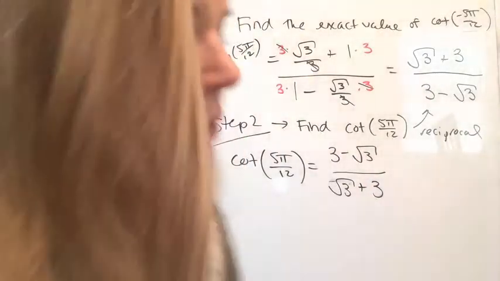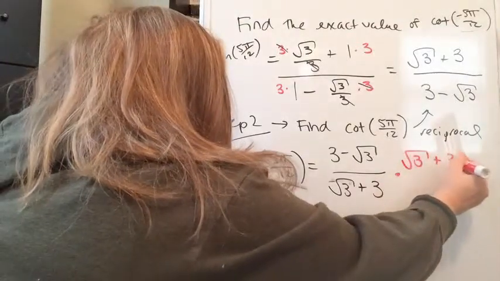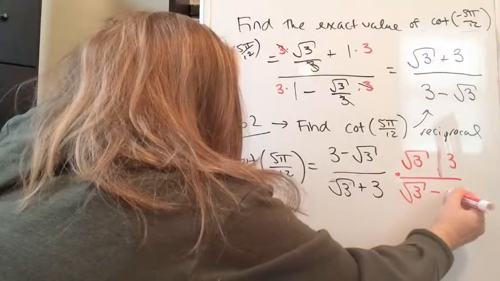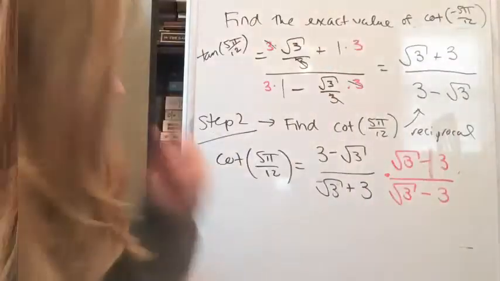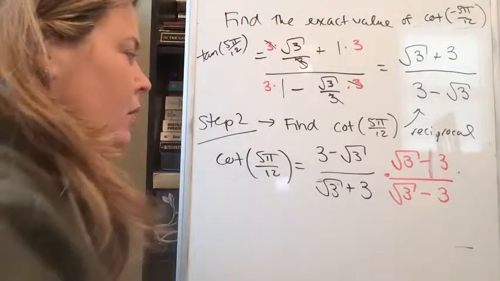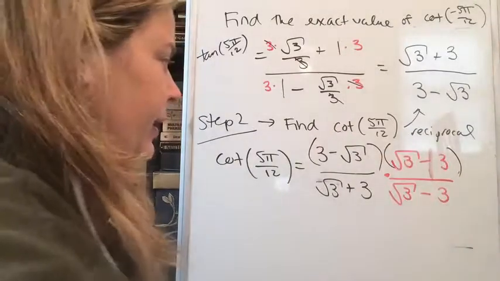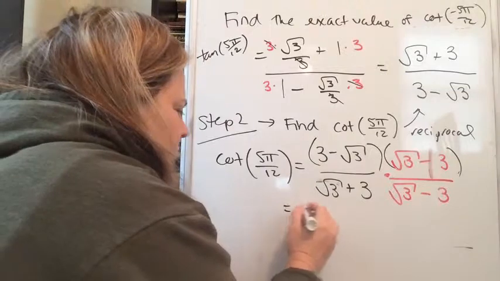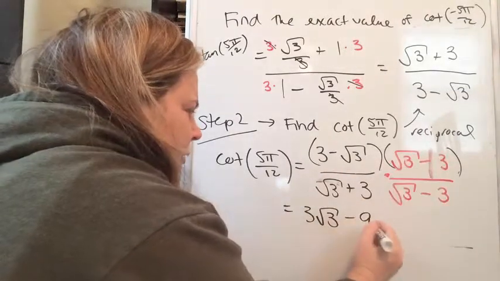This I want to rationalize. So I'm going to multiply the top and bottom by the conjugate. What is the conjugate? Square root of 3 minus 3. Right? Opposite sign. So now we have to FOIL. So let's FOIL the top. So we get 3 times radical 3, and then 3 times negative 3, negative 9.